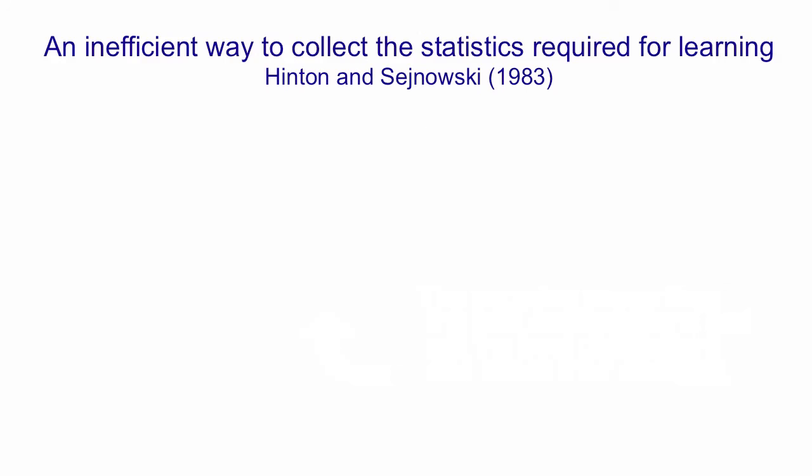Now, in order to run this learning rule, you need to collect those statistics. You need to collect what we call the positive statistics. Those are the ones when you have data clamped on the visible units, and also the negative statistics. Those are the ones when you don't have data clamped and that you're going to use for unlearning. An inefficient way to collect these statistics was suggested by me and Terry Sejnowski in 1983.